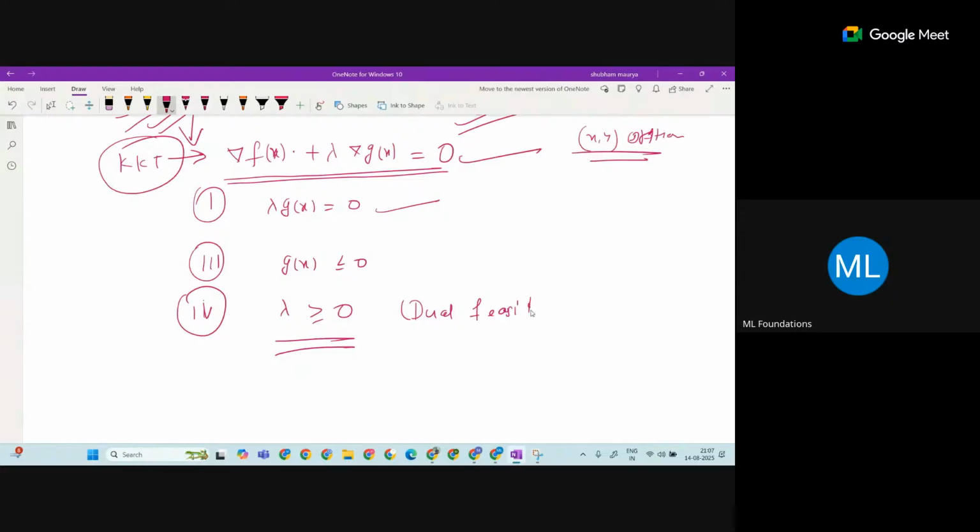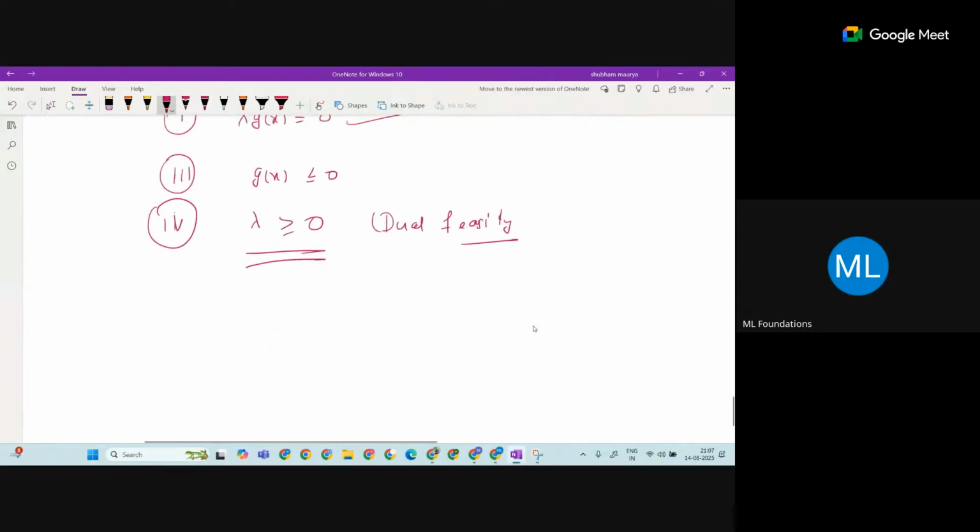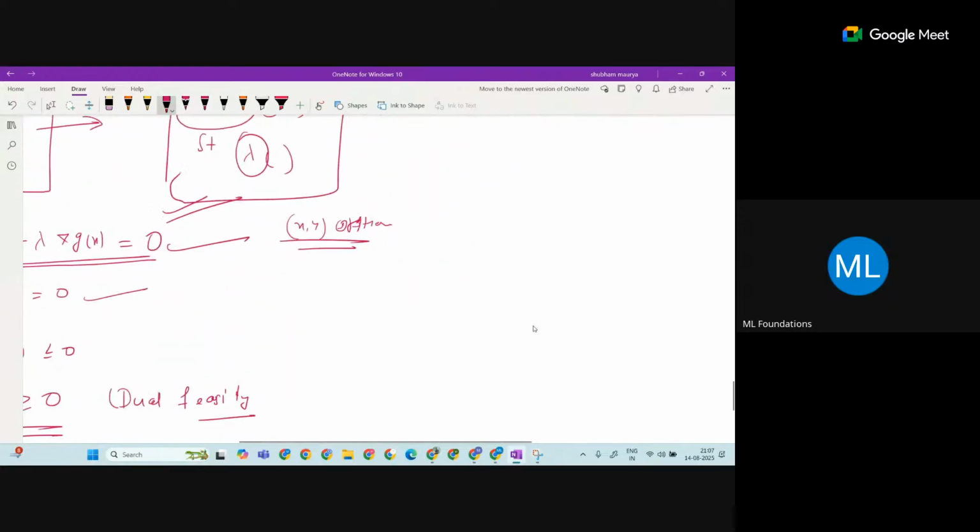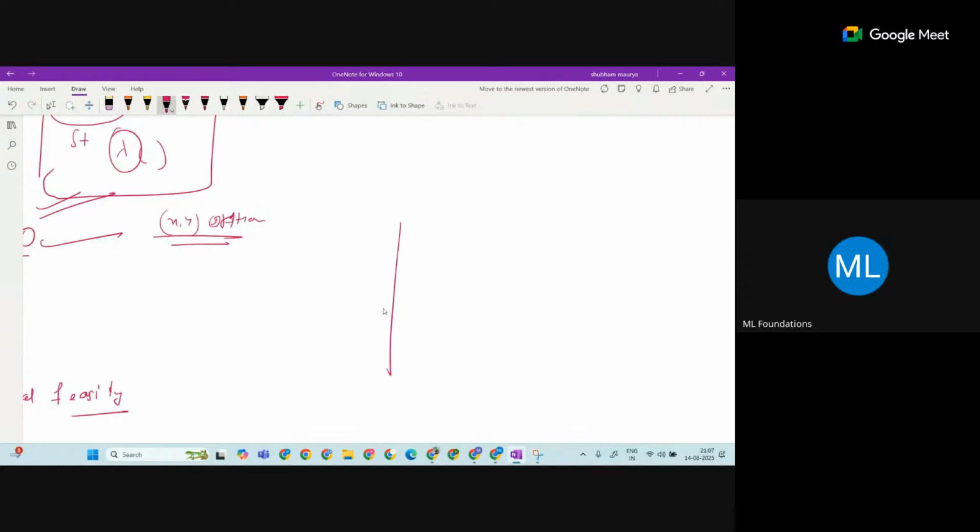Let me tell you, you have a function. Constrained optimization means this is your constraint: g_i(x) less than or equal to 0.